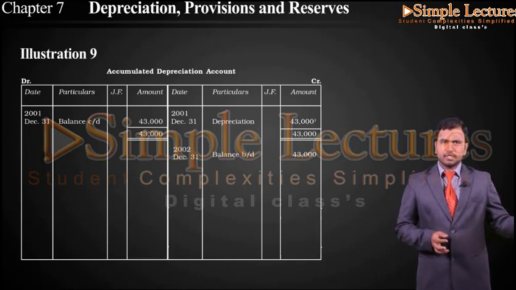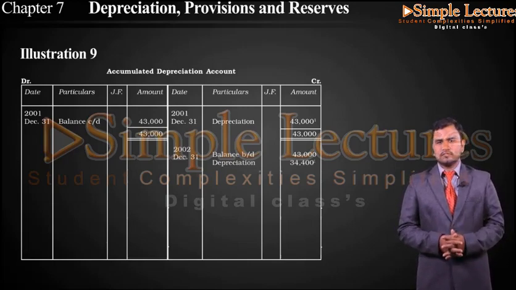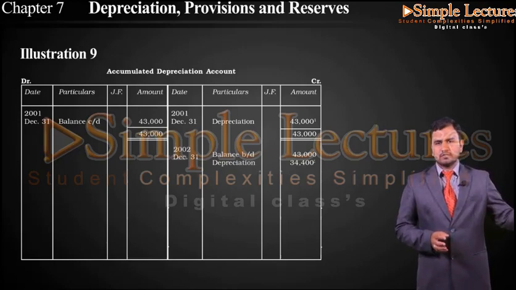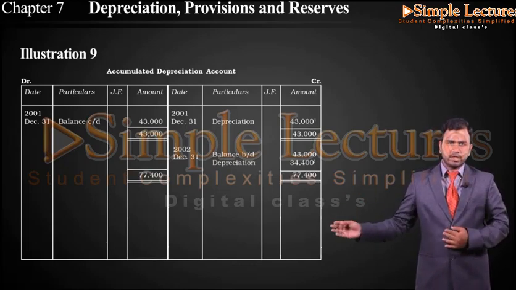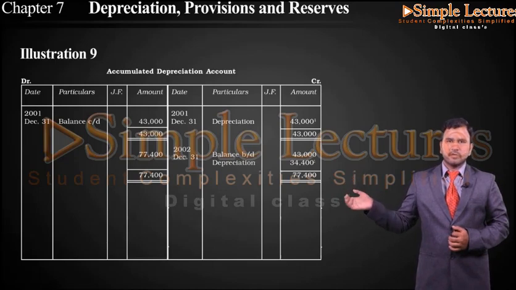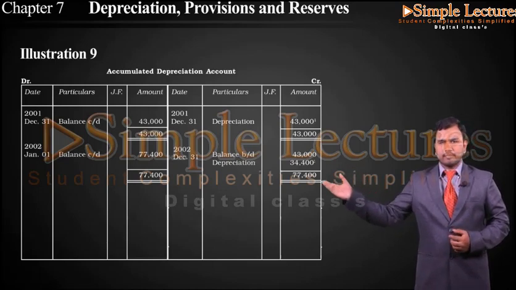So again in the credit side on the same date 31st December 2002, depreciation 34,400. Then the second year will be closed: 34,400 plus 43,000 gives 77,400. Same total in the debit side 77,400, and above the total, balance brought down and balance carried down.